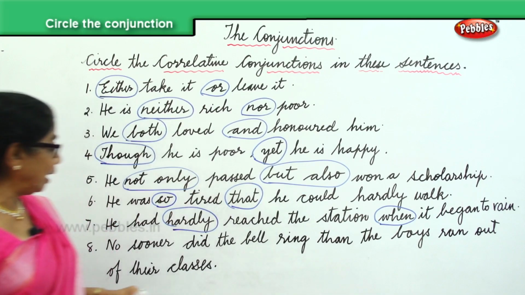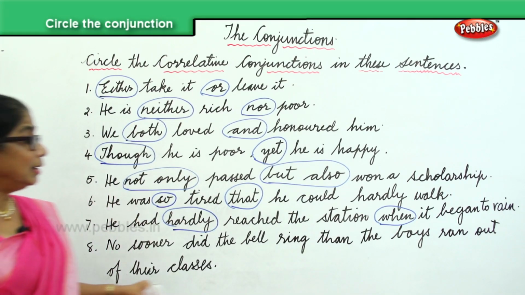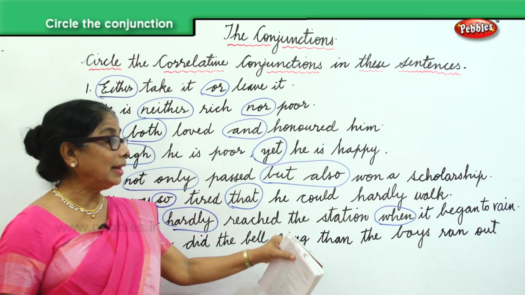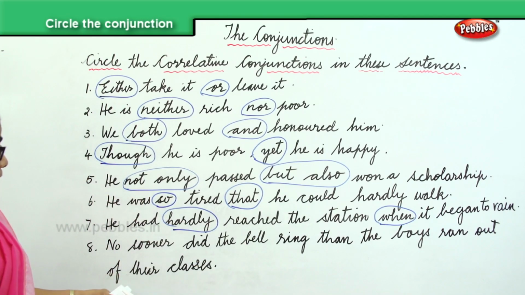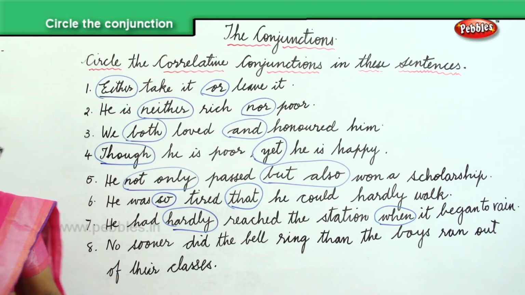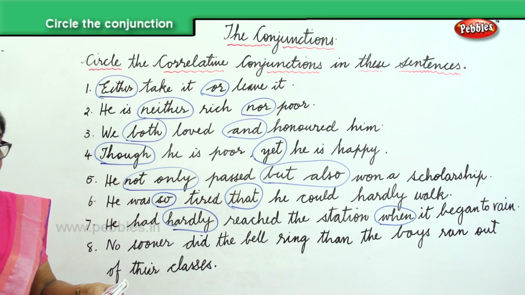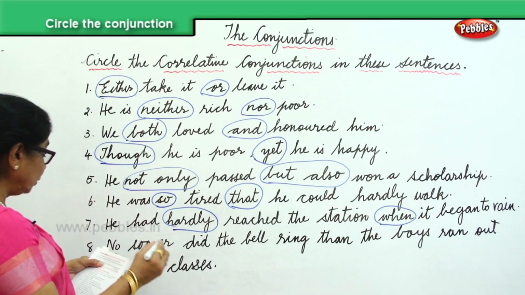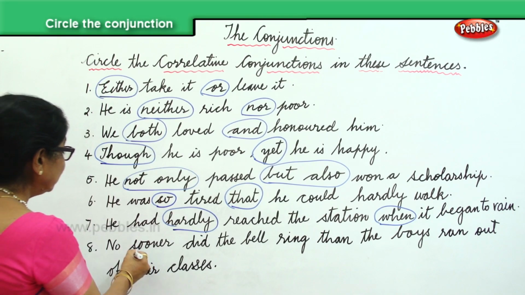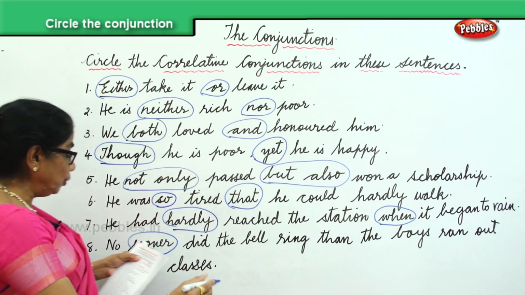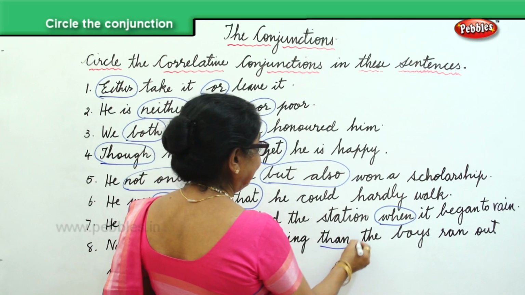And finally we have, no sooner did the bell ring than the boys ran out of their classes. So the one is no sooner, and then you have than.